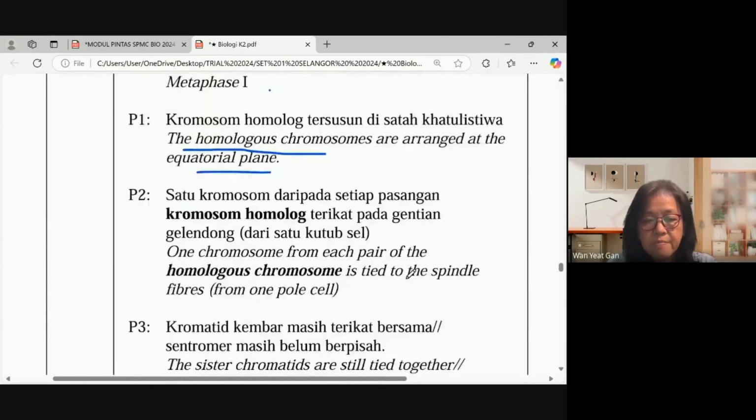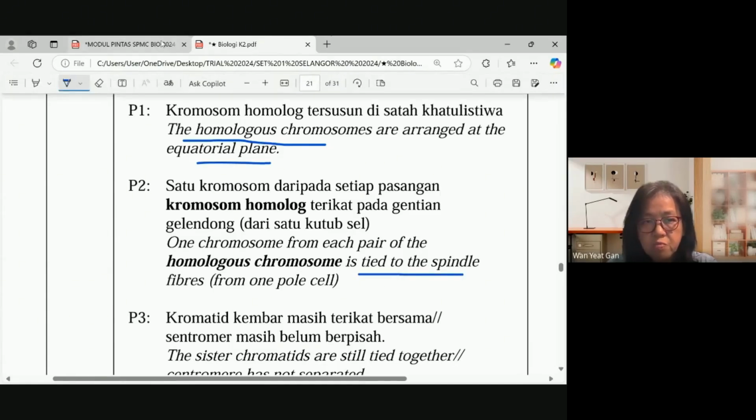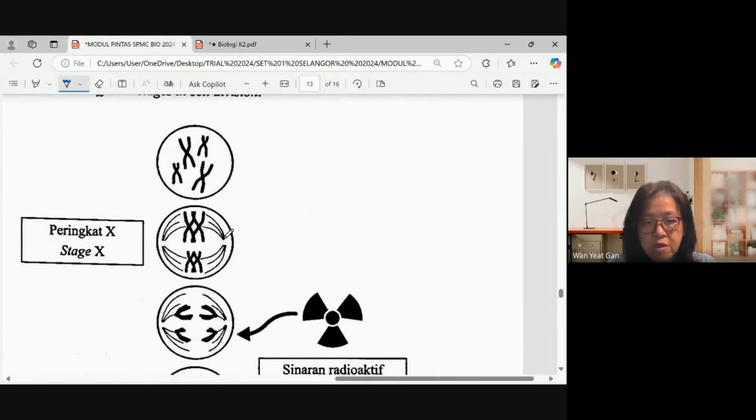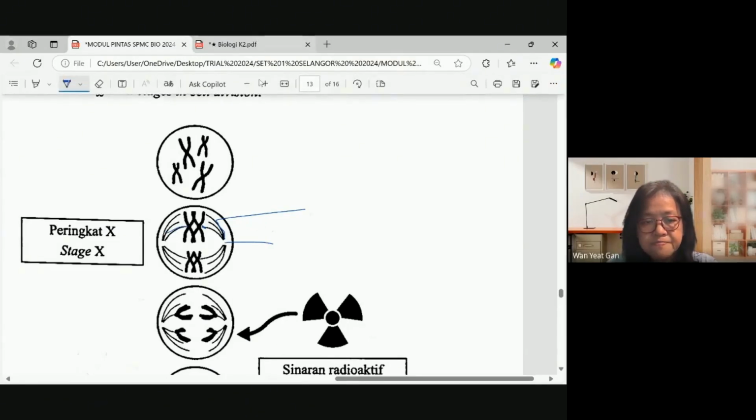Each chromosome from each pair is tied to the spindle fiber from each pole. This is the spindle fiber here, and this is the pole. You can see the spindle fibers projected out from the pole and they are tied to each chromosome at the centromere.